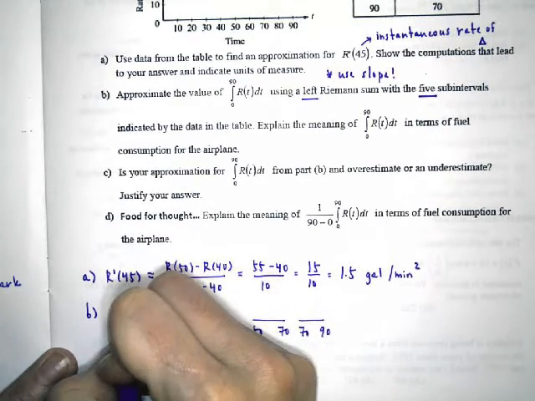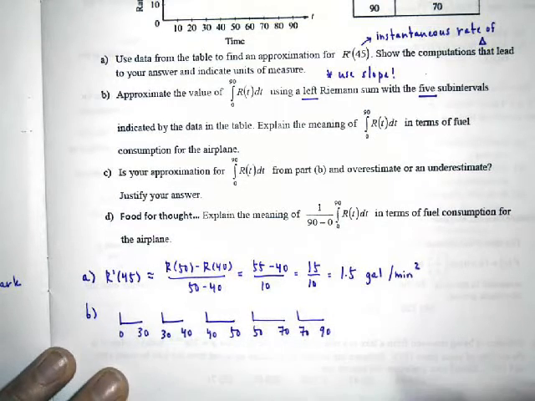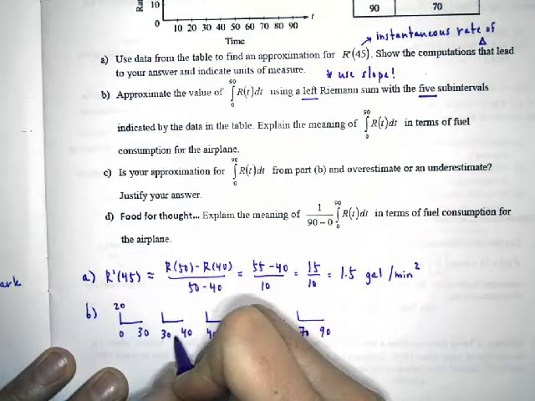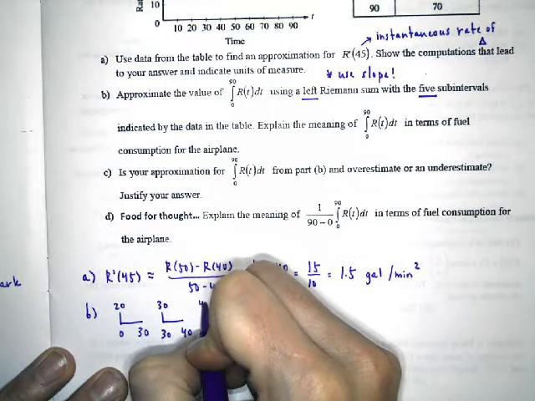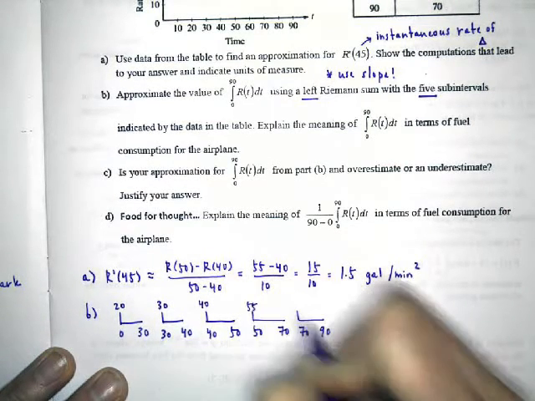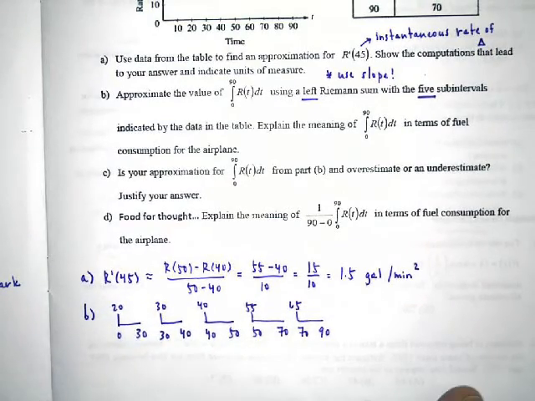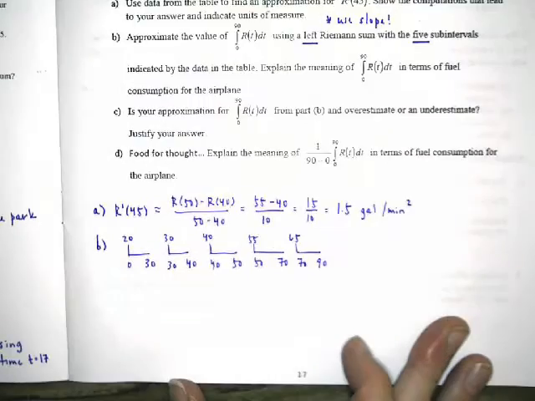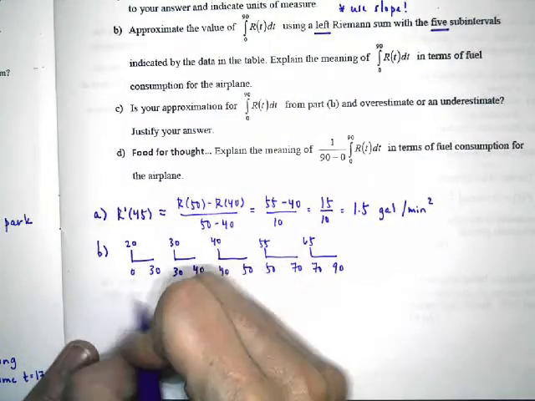And again, we said this was a left sum, so I'm taking those left values. So I'm going to have 20, 30, 40, 55, and 65. So now I just have to be careful. I don't have equal subintervals, so I can't factor out a common base.